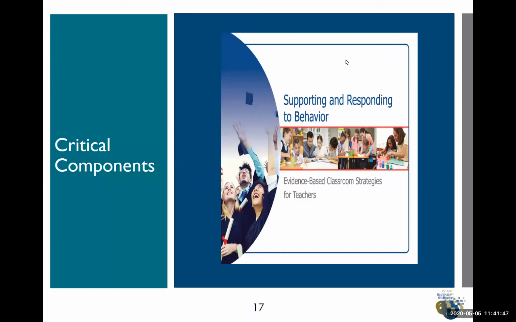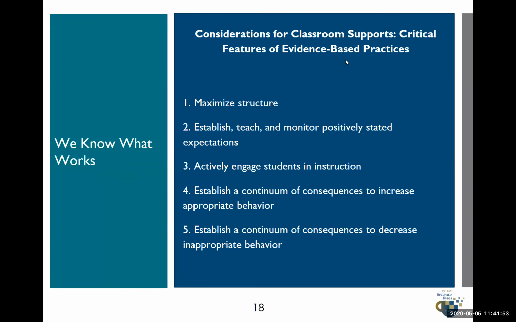So we're now going to talk about critical components, and we do know what works. There have been lots of studies around practices that have been shown to have positive outcomes for students, both behaviorally and academically. And those have been gathered through a meta-analysis to identify 5 critical features of evidence-based practices that have been shown to have positive outcomes for students.